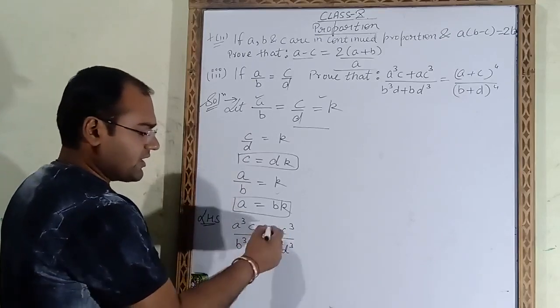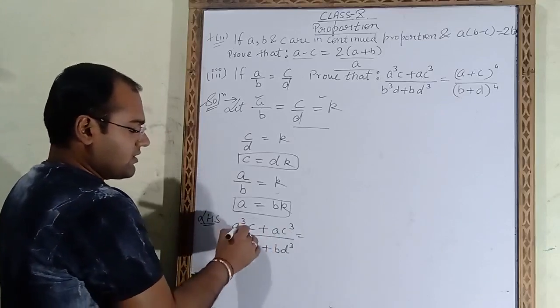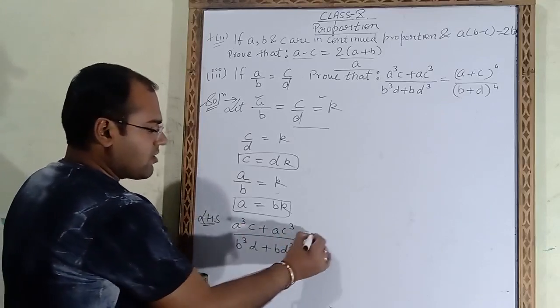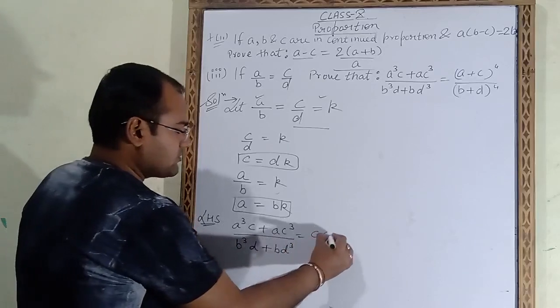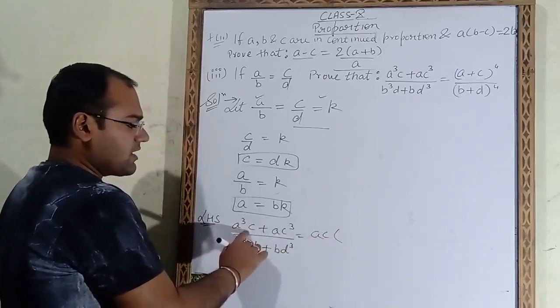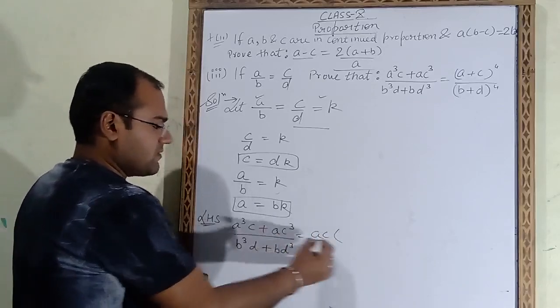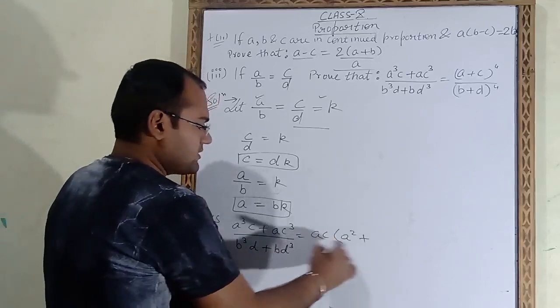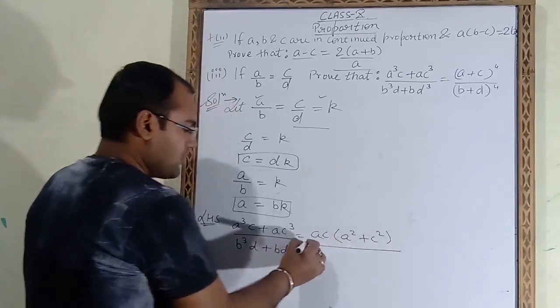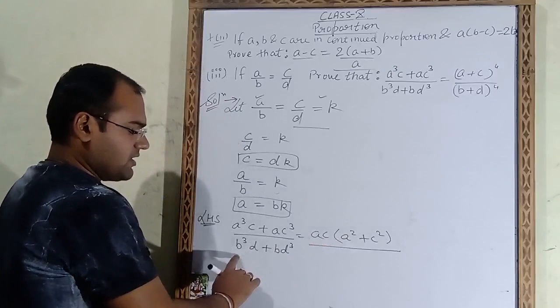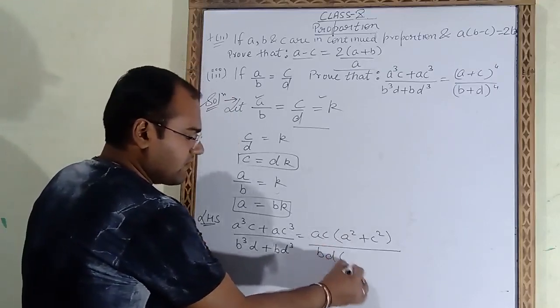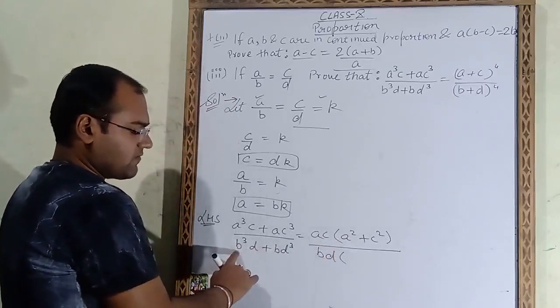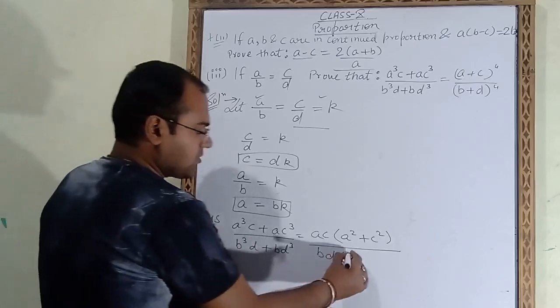In the numerator A will be common and C also. So here remaining part will be, after taking AC common, A square plus C square upon, here we will take BD common. When we will take BD common, remaining term will be B square plus D square.